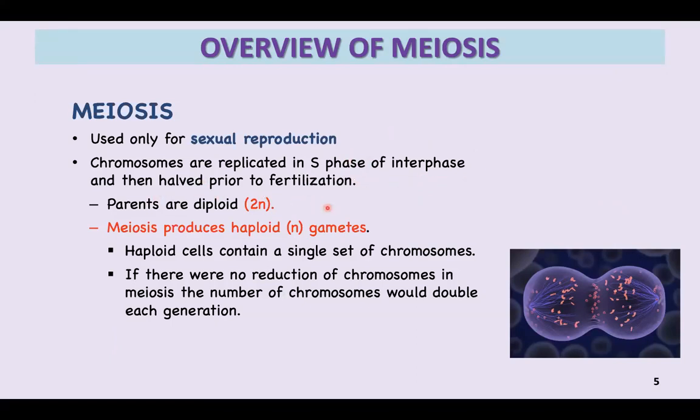And then it's halved prior to fertilization. So the parents are diploid. And meiosis produces haploid gametes. So haploid cell contain a single set of chromosomes. So this is what happened. If there were no reduction of chromosome, kalau tak ada meiosis, the number of chromosomes would double each generation. Now your cells will be just full of chromosome.